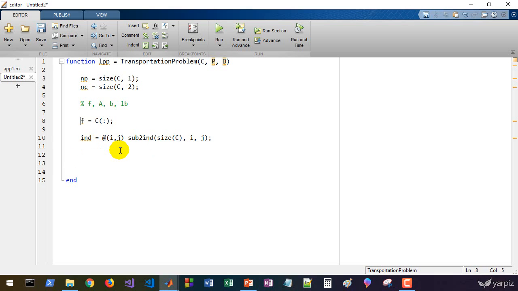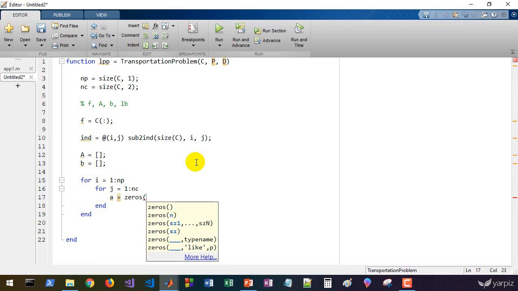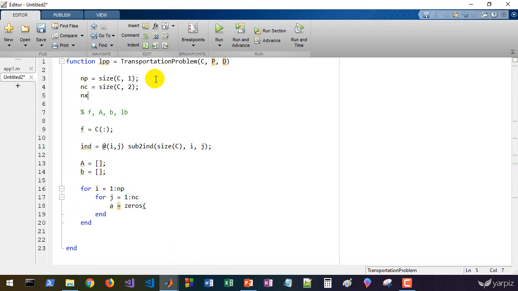Okay, this is our f, and let's define the matrices A as empty and B as empty, and for every provider here, NP number of providers, and for every consumer here, the coefficients for this one are zeros of size the number of all variables, which we can calculate as the number of elements in C. And this has 1 row and nx columns.